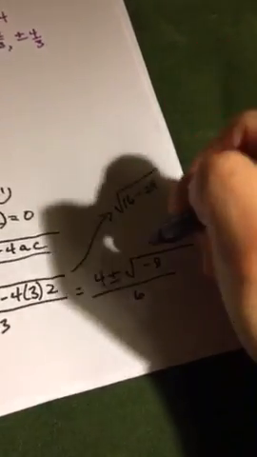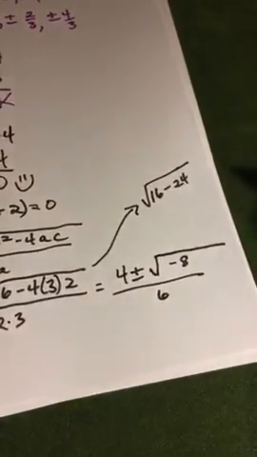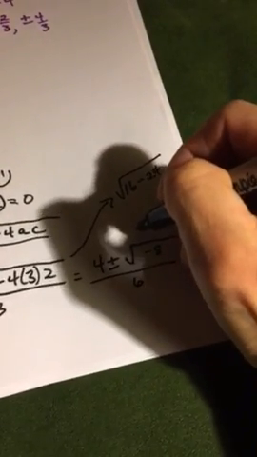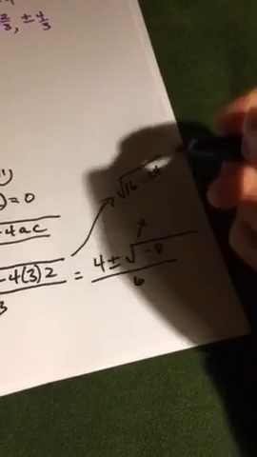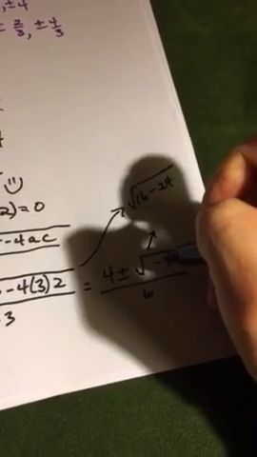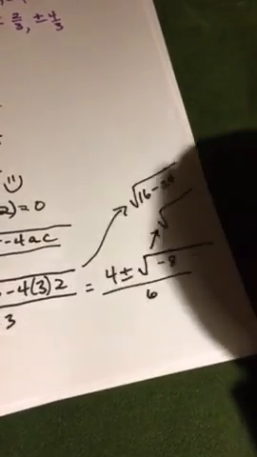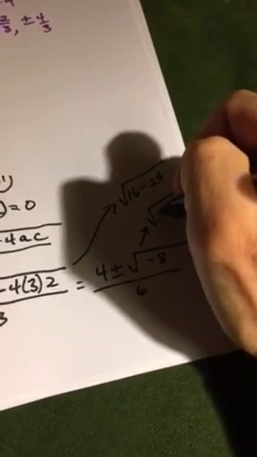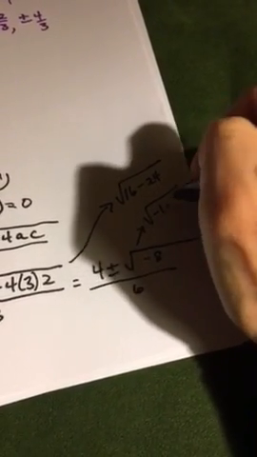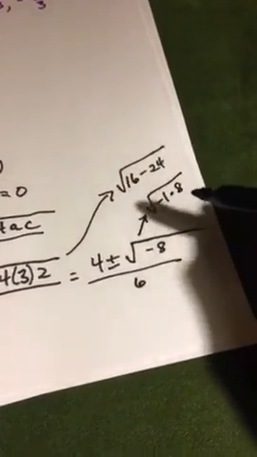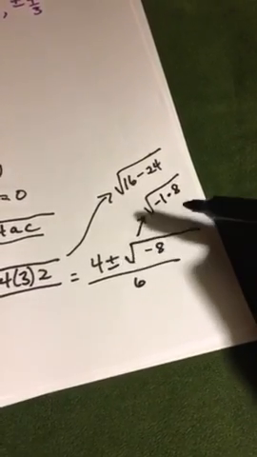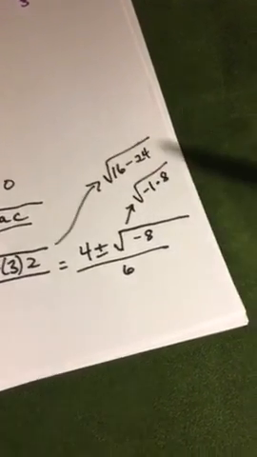Okay, so again, just because I'm running out of room here, I'm going to show you this square root of negative 8 is the same thing as a negative 1 times 8. Would you agree with that? That negative 8 is the same as negative 1 times 8, right?